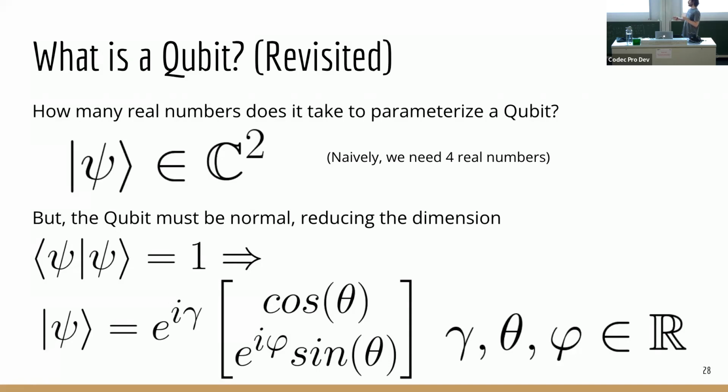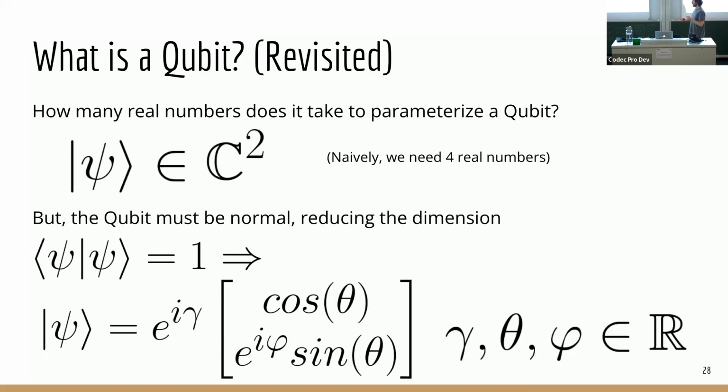However, remember that this qubit must be normalized: the inner product of the qubit with itself has to be equal to 1. So this reduces the dimension of our space of qubits a little bit. Now we would only require 3 real numbers to represent any qubit.